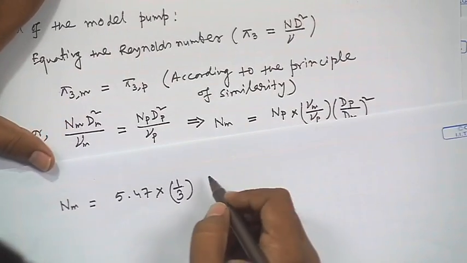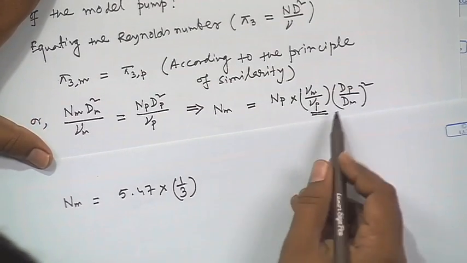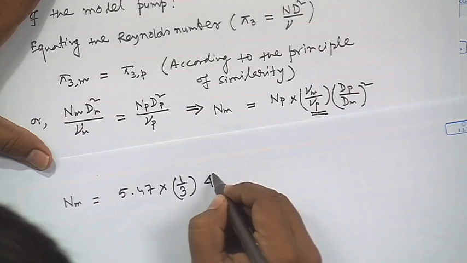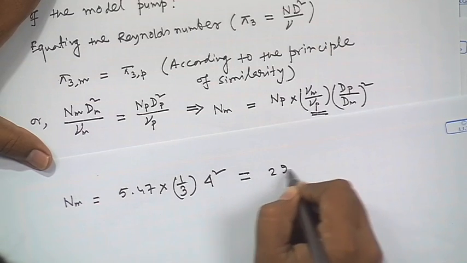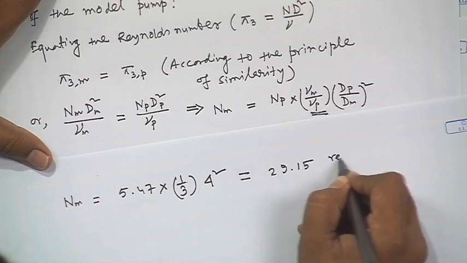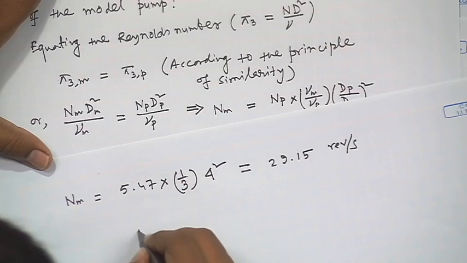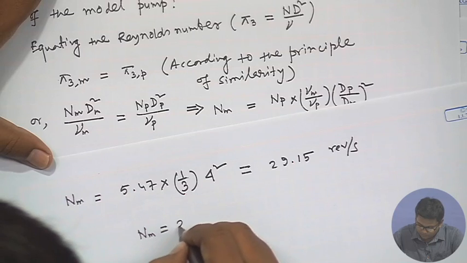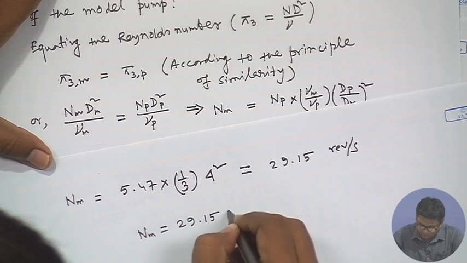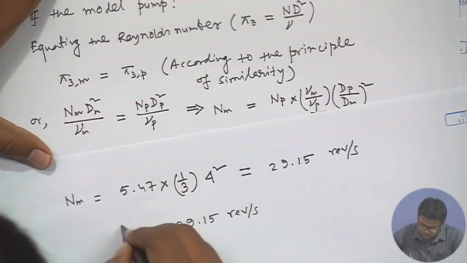Here we will substitute dp by dm to be 4. So, this gives nm as 29.15 revolutions per second. So, speed of the model centrifugal pump will be 29.15 revolutions per second.